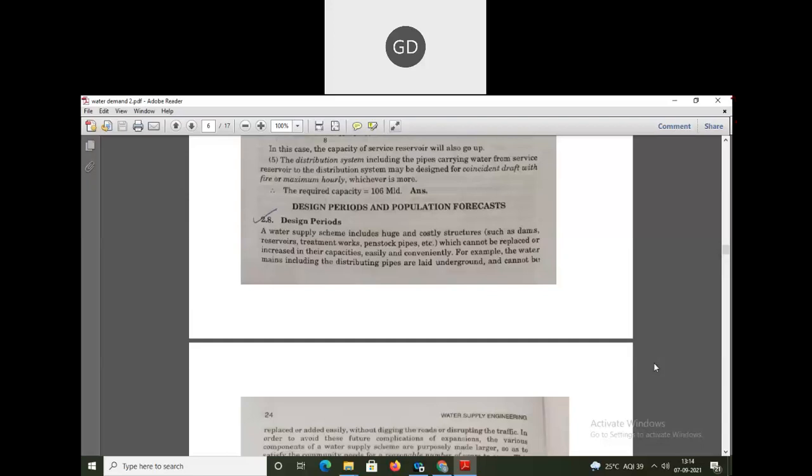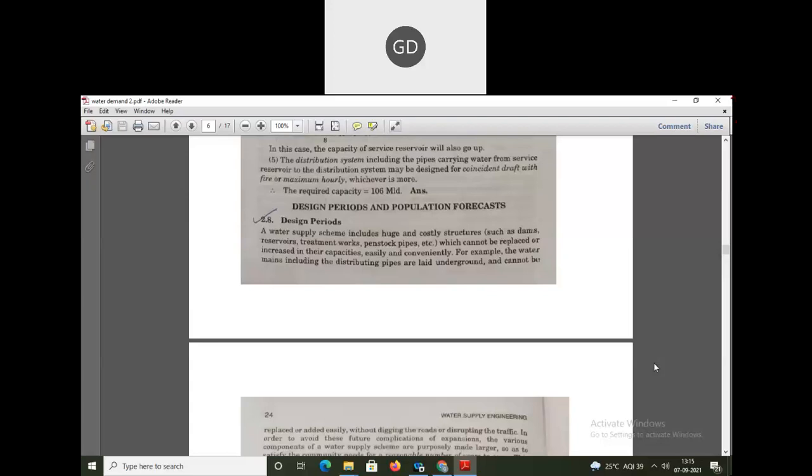After you have constructed a water supply scheme, whether it is a dam or any type of reservoir, if you then have to change something, that is not possible very easily. It is not convenient also, and it will take so much money. So it is not economic.